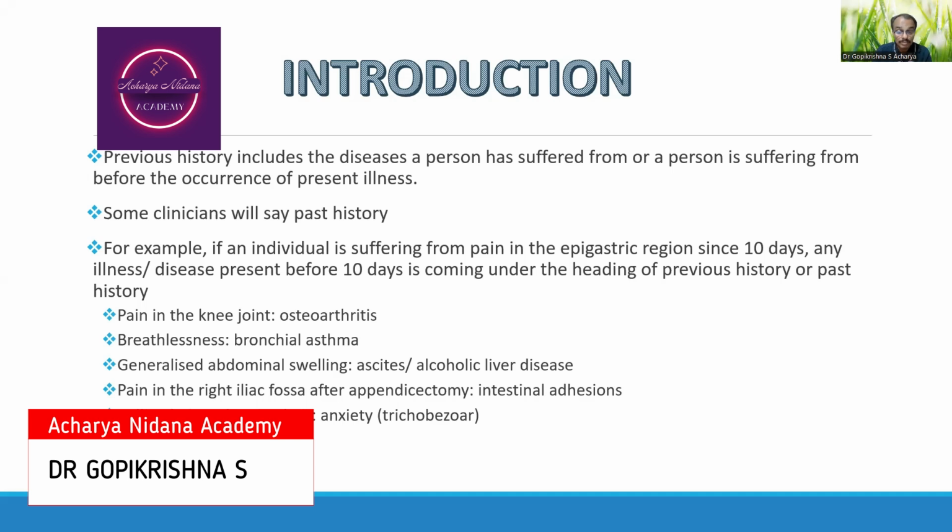Then the previous history of pulling the hair, etc. This is specifically about eating the hair, which is one of the psychiatric illnesses, related to anxiety or fear. That is trichobezoar, which is nothing but eating the hair, and it gets accumulated in the stomach itself.